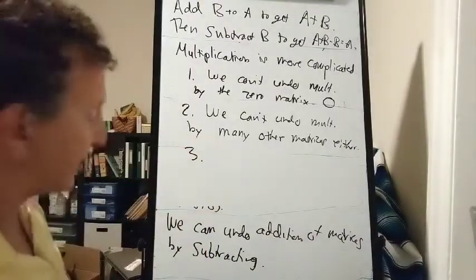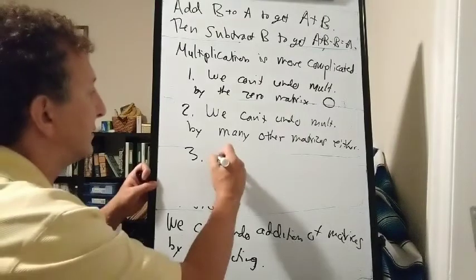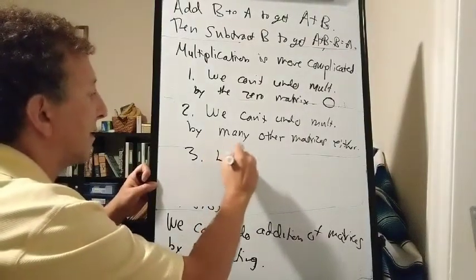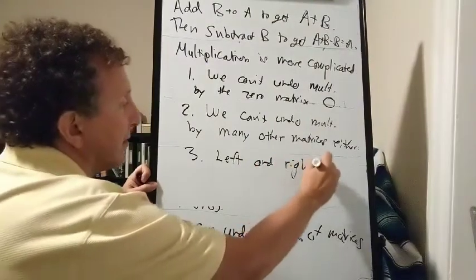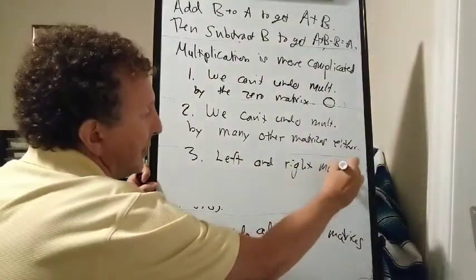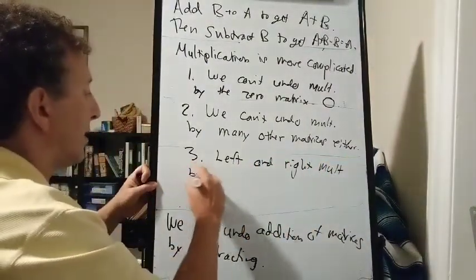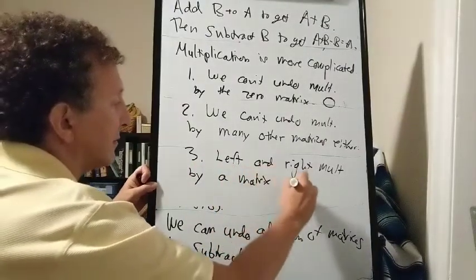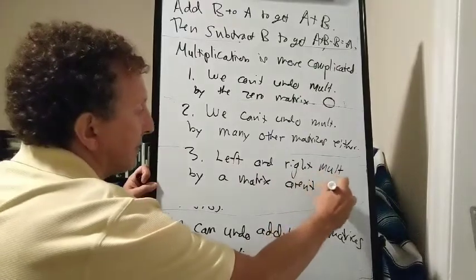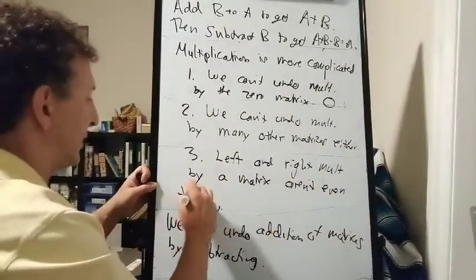And then a third problem is left and right multiplication by a matrix aren't even the same.